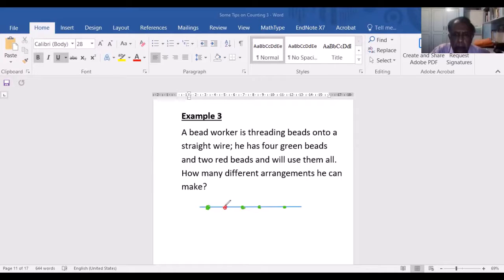So you can put those 2 red beads anywhere. Like that. And there it is. He's got a pattern. So the question is, how many patterns does he have? How many different arrangements are there? All right. Now this is very similar to what we had before.